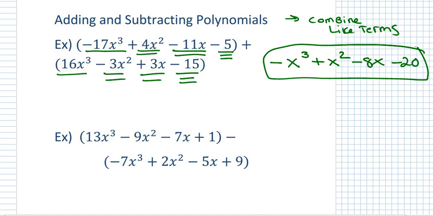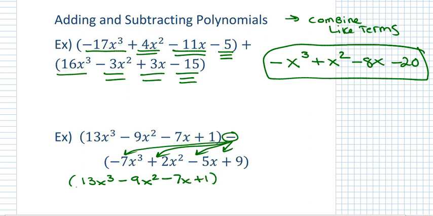When you subtract, the one thing you have to keep in mind is you need to distribute the negative sign into each term. So basically, it becomes 13x to the third minus 9x squared minus 7x plus 1.